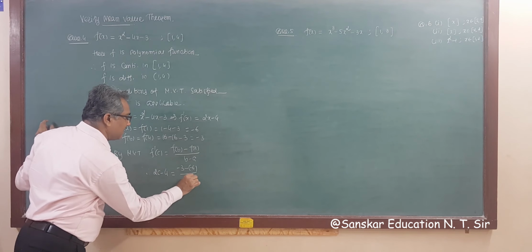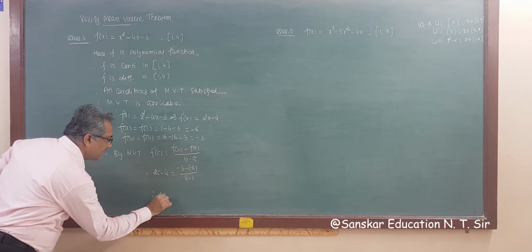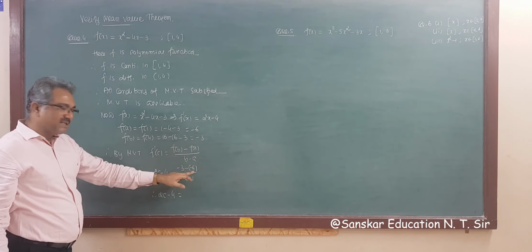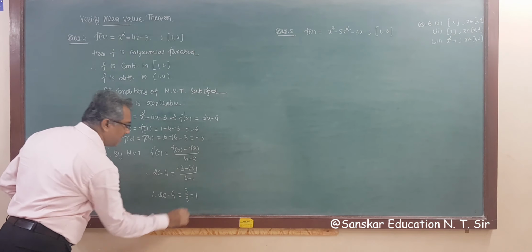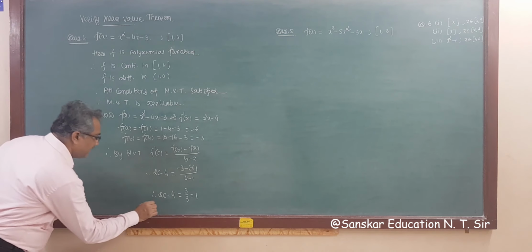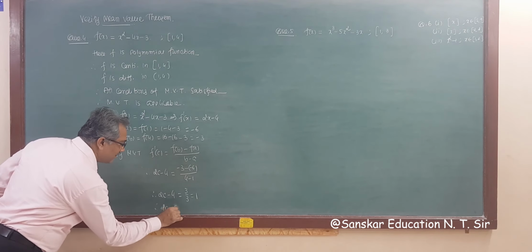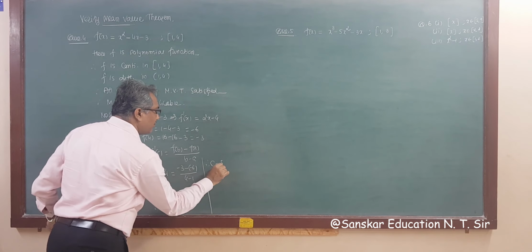So 4 minus 1, that is 2c minus 4 is equal to minus minus plus 6 minus 3 divided by 3, that is 1. Taking 4 to right hand side, 2c is equal to 5, that means c is equal to 5 by 2.